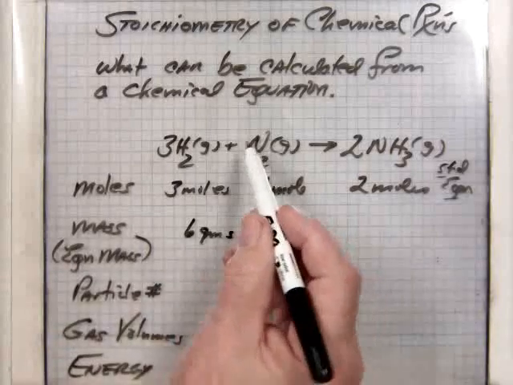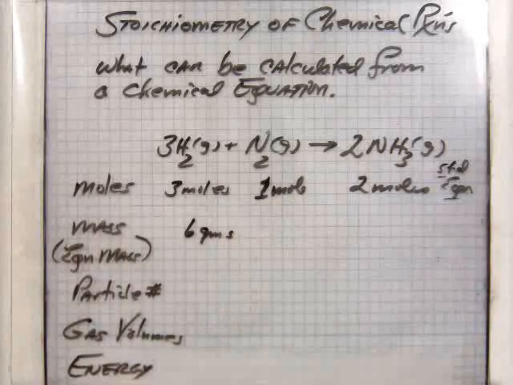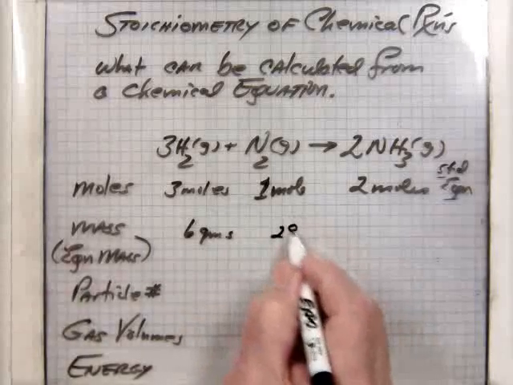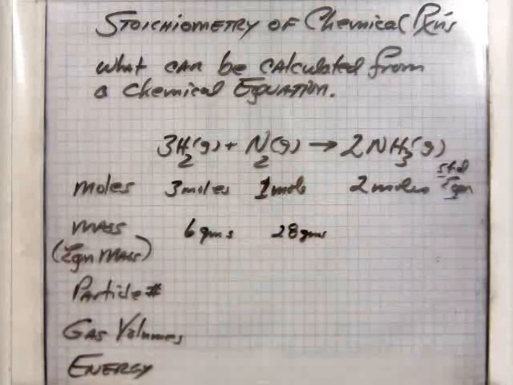And nitrogen, coefficient is understood to be 1 there, so that is 1 mole of molecular nitrogen. Nitrogen's 14 on the periodic table, atomic mass units, and twice that's 28. So we have 28 grams of the nitrogen from the equation.